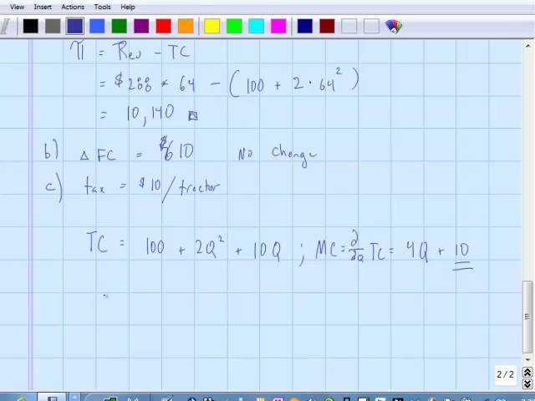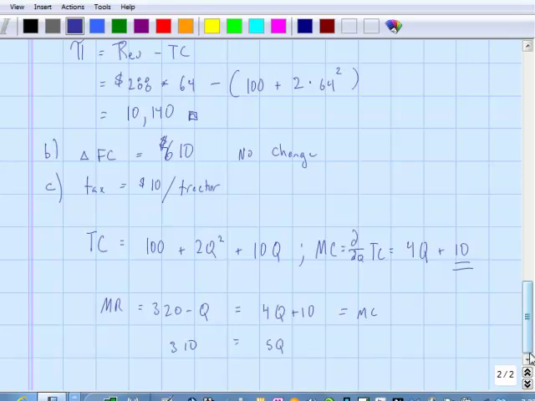So I'm still going to set marginal revenue, which was equal to 320 minus Q, equal to the new marginal cost, which is 4Q plus 10. That leaves me with 5Q is equal to 310.